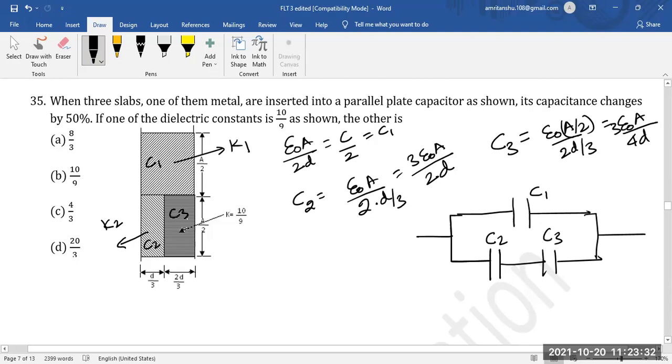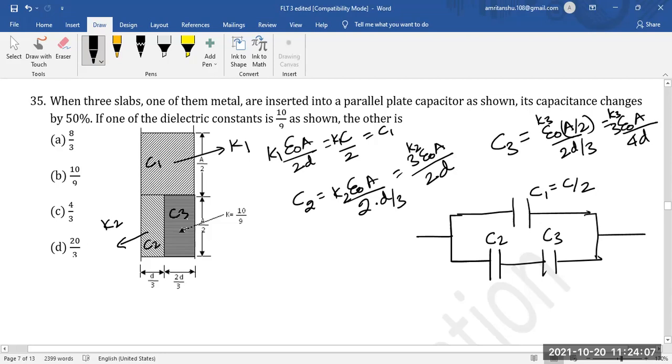So either this could be metal or this could be metal. Whenever it is a case of a metal, capacitance will become 0, correct? So I'll just put the values over here. C1 is C by 2, and the dielectric constant K1 will also come in. Here also it will be K2, and here K3.